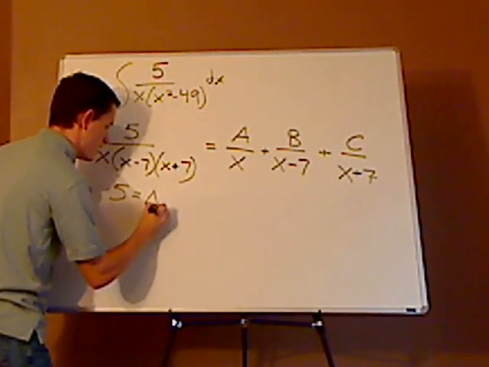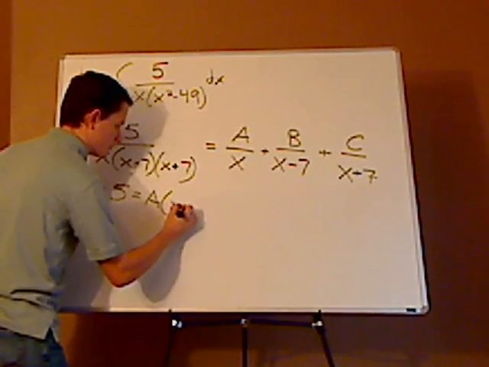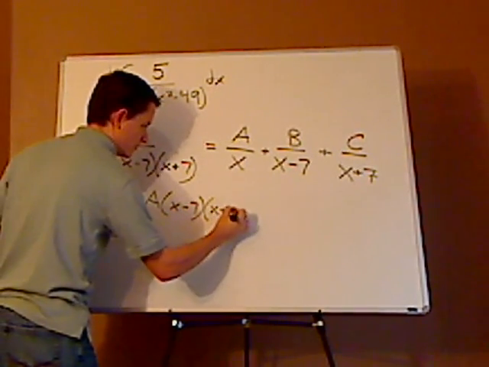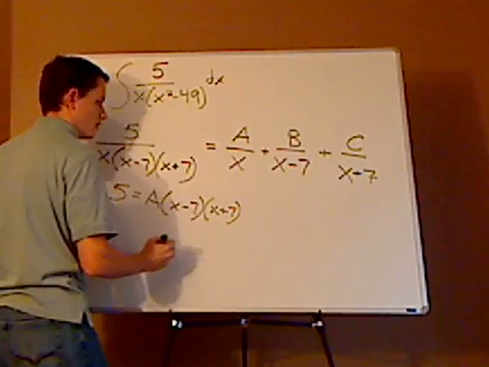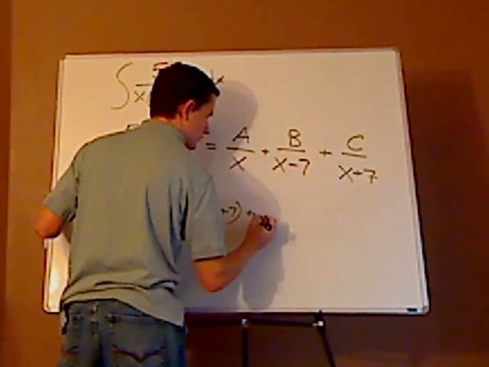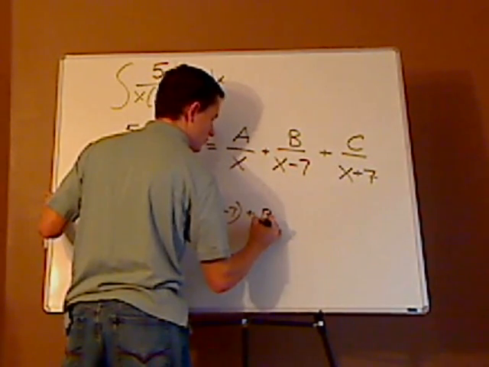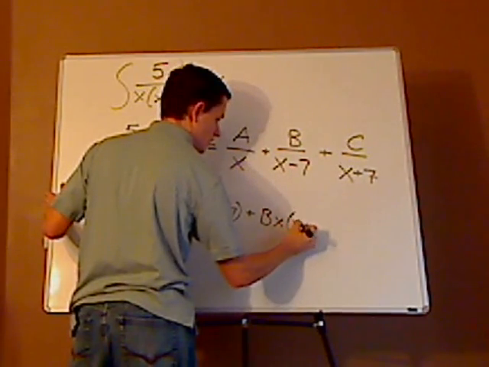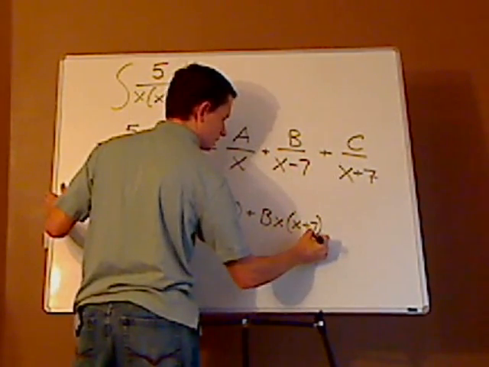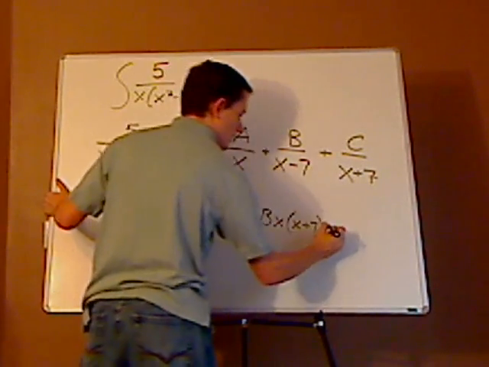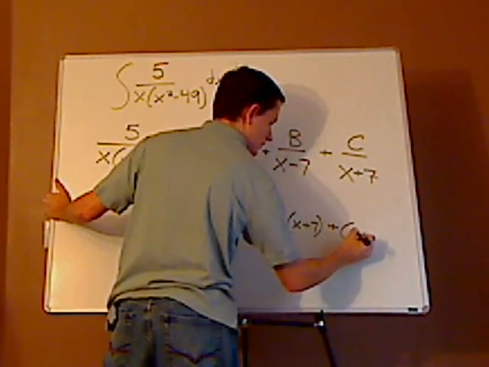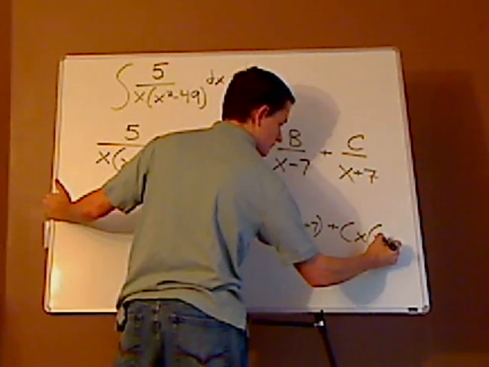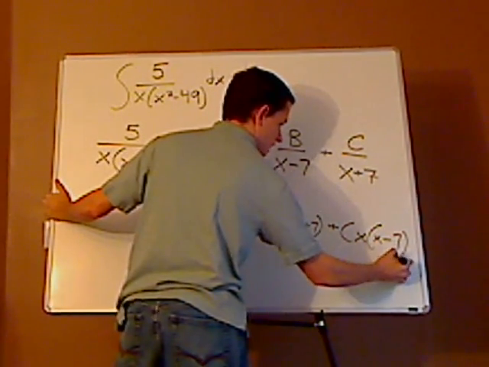So you're left with A times (x minus 7)(x plus 7), plus B times x times (x plus 7), and then plus C times x times (x minus 7).